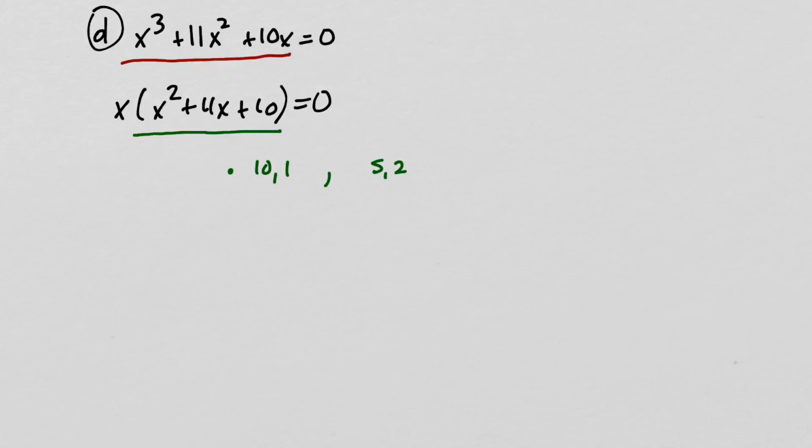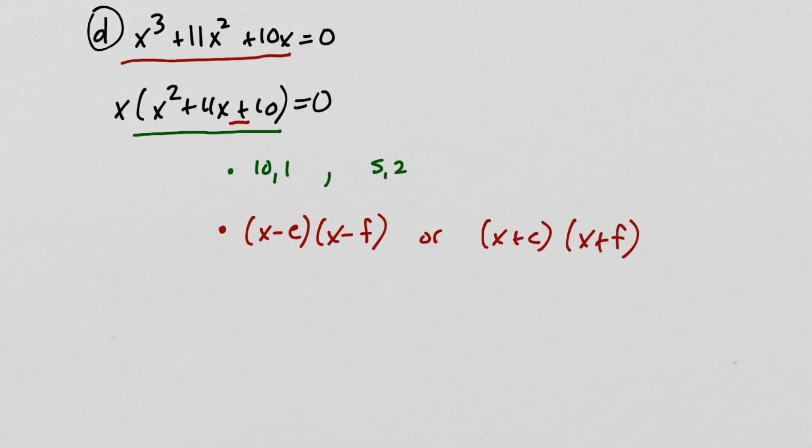Now, since we have a positive sign here, we have two options. Either our quadratic equation is going to factor to be an x minus e times an x minus f, or it's going to factor to be an x plus e times an x plus f. To determine which one it's going to be, we just need to look at this term here. Here we need our e plus f to be equal to 11.